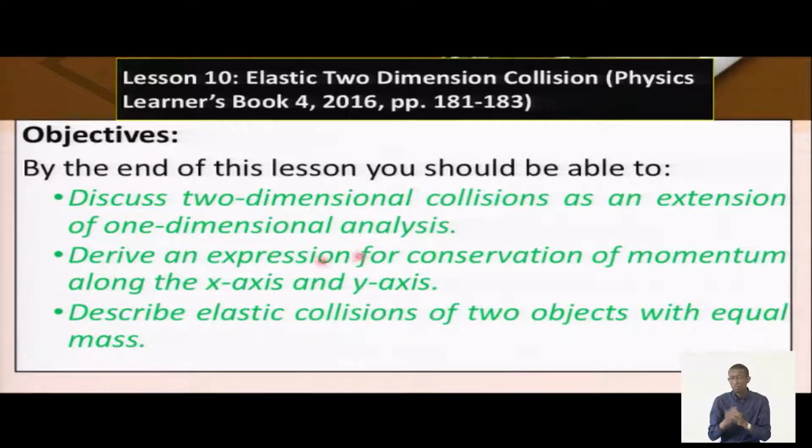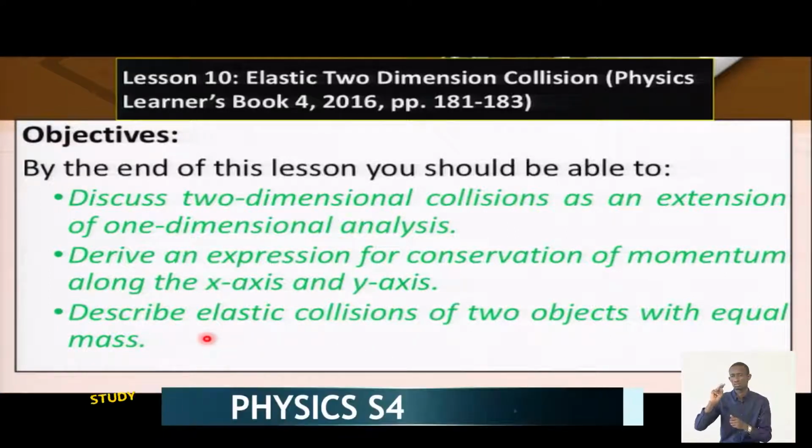That is point 1. Point 2, to derive an expression for conservation of momentum along the x and the y axis. Then 3, to describe elastic collisions of 2 objects with equal masses. This is what I want you to be with at the end of this lesson.